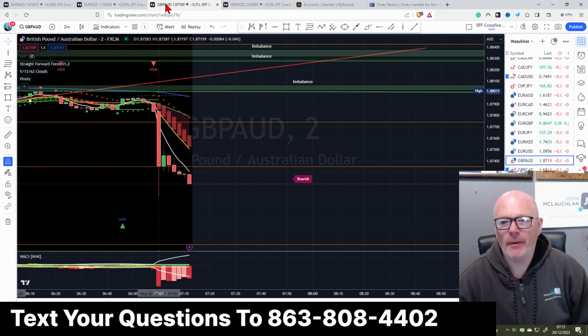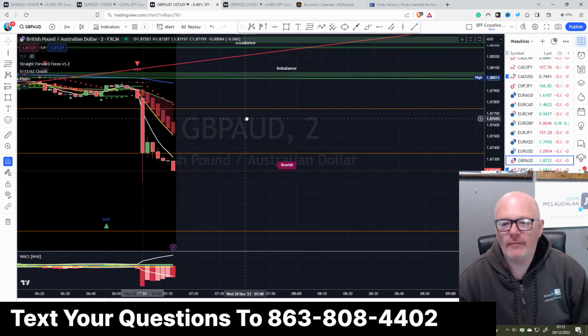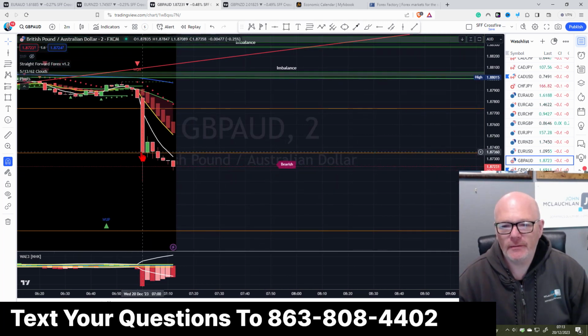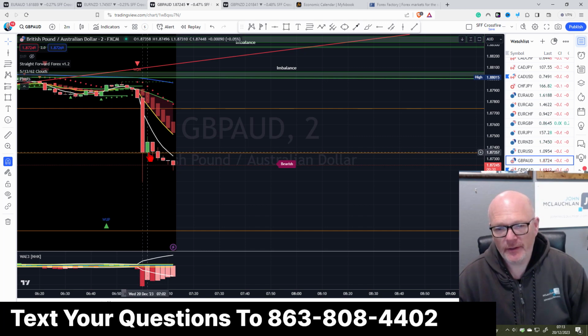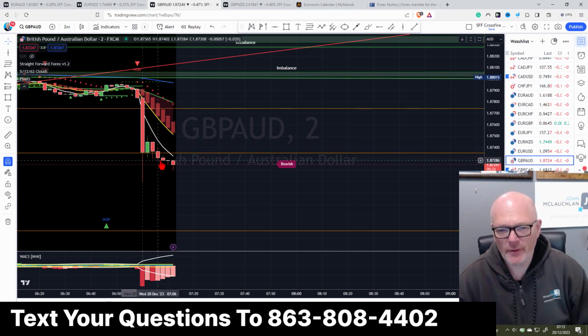Okay, your GBP AUD still down for the sell, but again, see how it came down to the pivot line. Obviously this was manipulation, pushed it all the way past, went to the pivot line. Okay, it now used the pivot line as resistance, and then as it pushes through, this pivot line then becomes support for this price action here.